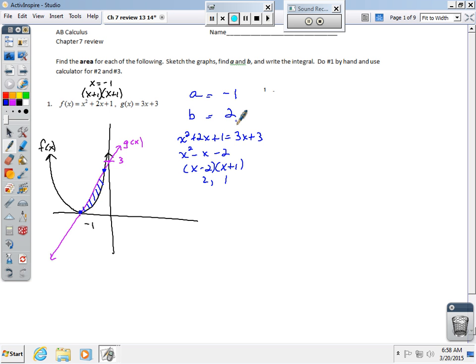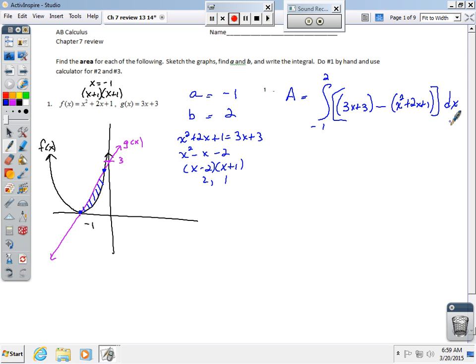Okay, so now we're going to do this to find the area. We're just going to do top minus bottom. So the area is going to be equal to, we're going to integrate from -1 to positive 2 of the top function, which is 3x plus 3 minus the bottom function, which is x squared plus 2x plus 1 dx.